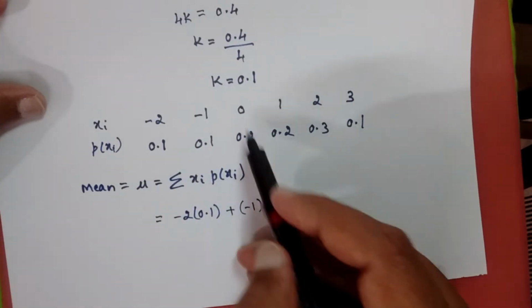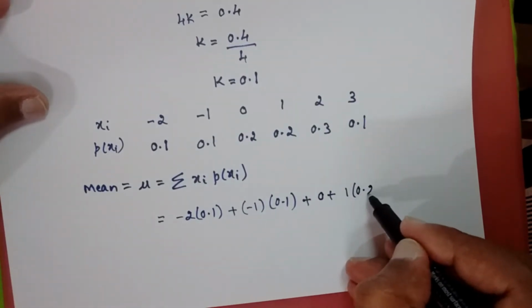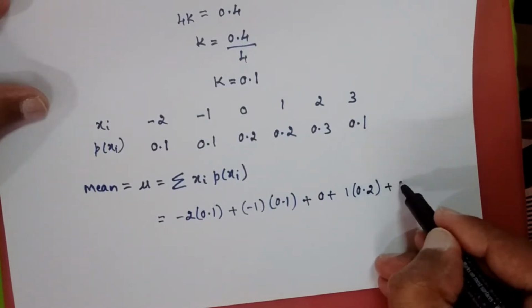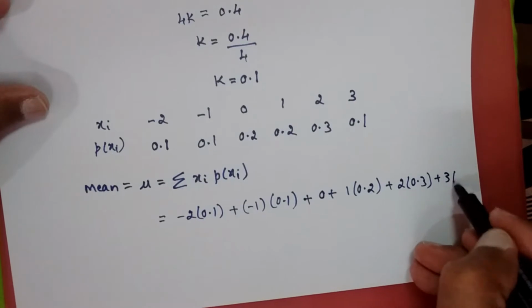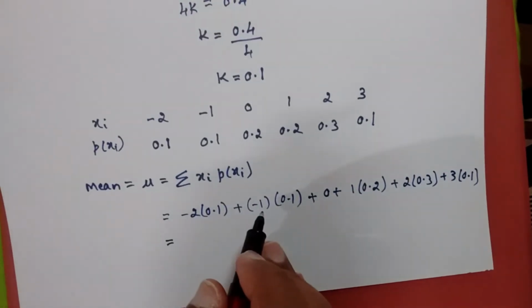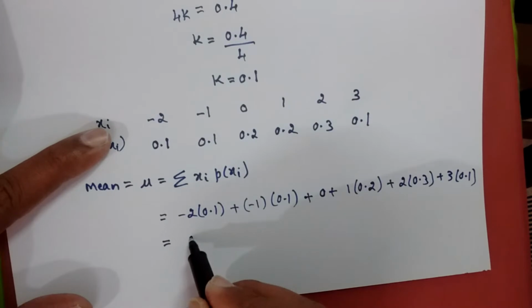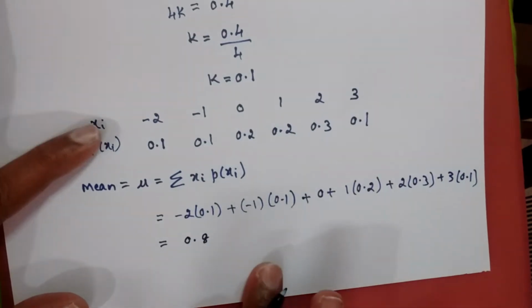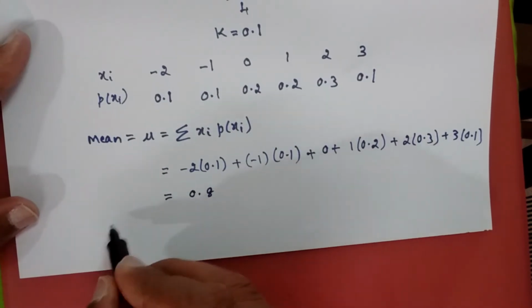Then plus 0 into anything will be 0. Plus 1 into 0.2, plus 2 into 0.3, plus 3 into 0.1. Just calculate this value and see what you get. Are you getting the value as 0.8? Then it is right. Then we need to calculate the variance.